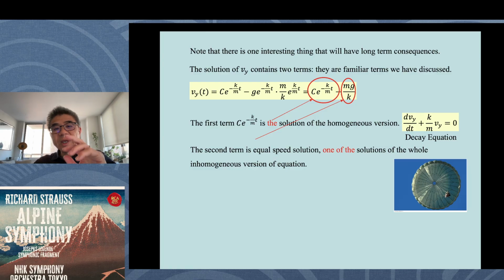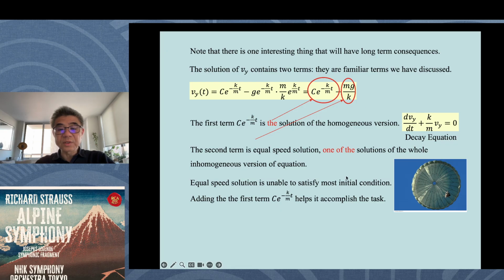But here, if we add in a solution for the decay equation, then we get a C here. Therefore, with this addition, the result has a chance to satisfy all the initial conditions. So that's the beauty of this.